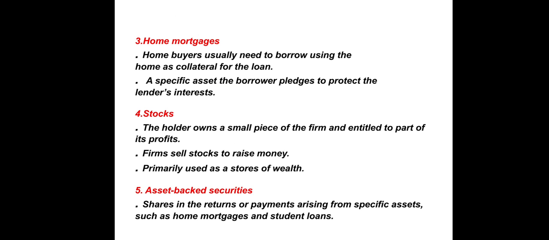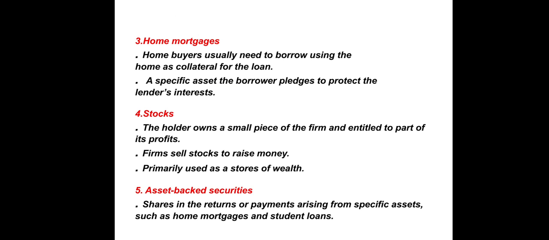Besides, we also put additional property like money, land, home, etc. That additional property which we keep as security is called collateral value. So it is a specific asset that a borrower pledges to protect the lender's interest.